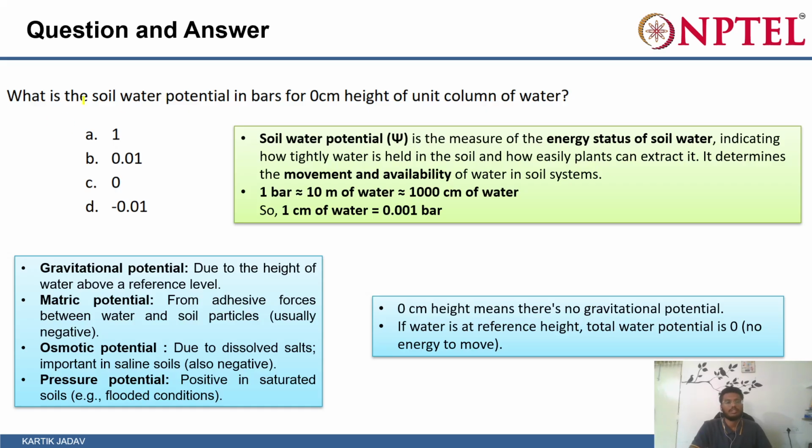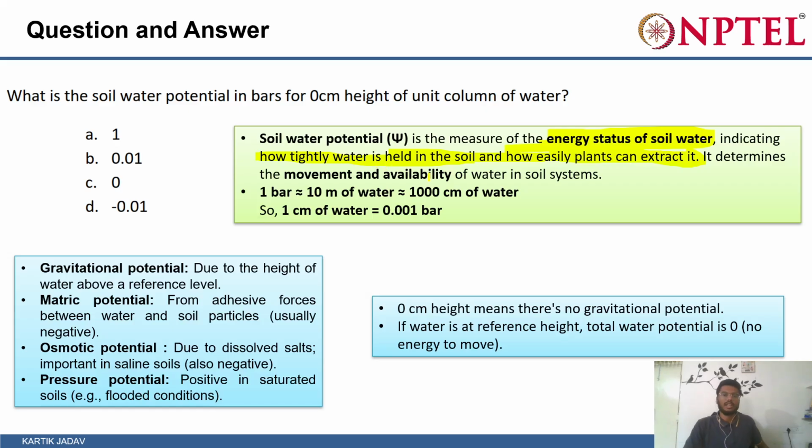Next question, what is the soil water potential in bar for 0 centimeter height of unit column of water? So we know that soil water potential is the measure of energy status of soil water, right? It indicates how tightly water is held in soil and how easily plants can extract it. It means what amount of work needs to be done by the plant to extract that water.